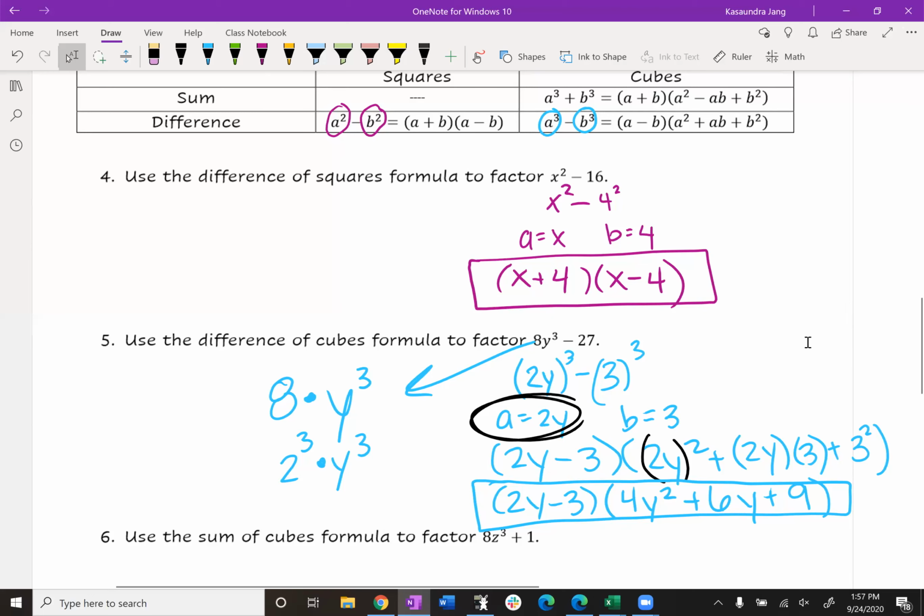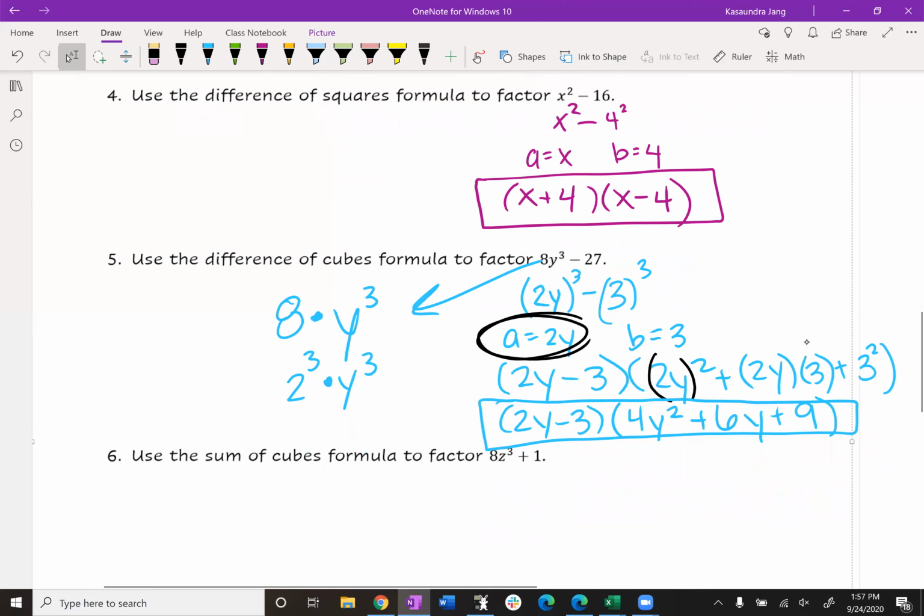I factored the 8 down to get 2 cubed, right? Yeah, nice. Okay. So did you say 2 cubed? Yeah, 2 cubed times z cubed. 2 cubed, okay, in this case a z cubed, but yeah, a 2 and a z.